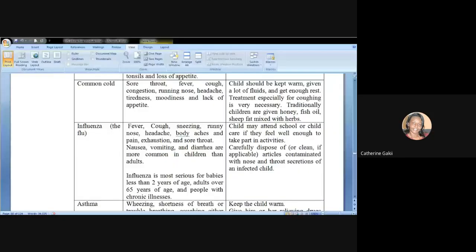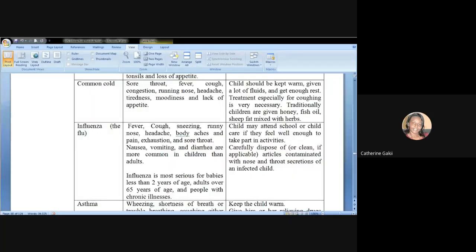But if there are complications, you need to take the child to a health center. So now we've looked at those 3 diseases. The strep throat and scarlet fever, and now the common cold.